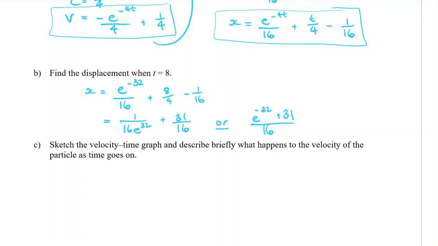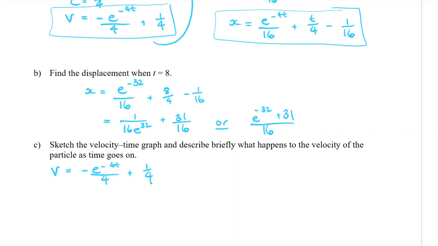Part C, sketch the velocity time graph and describe briefly what happens to the velocity of the particle as it goes on. We're describing the velocity in this one. The velocity equation was v equals minus e to the minus 4t over 4 plus a quarter.